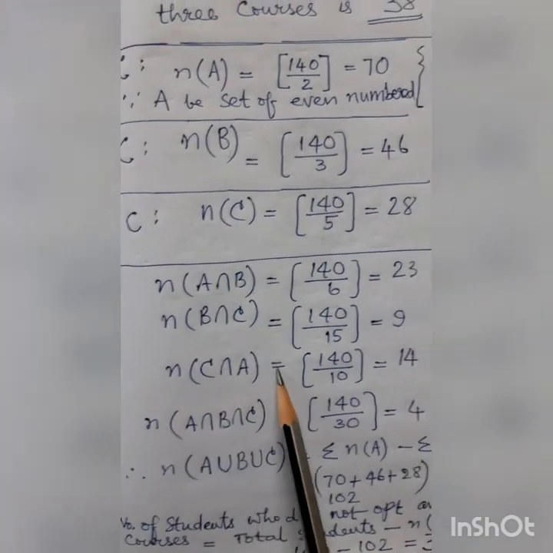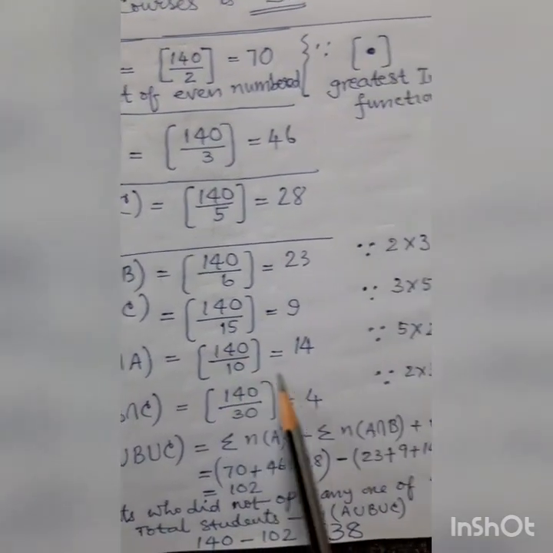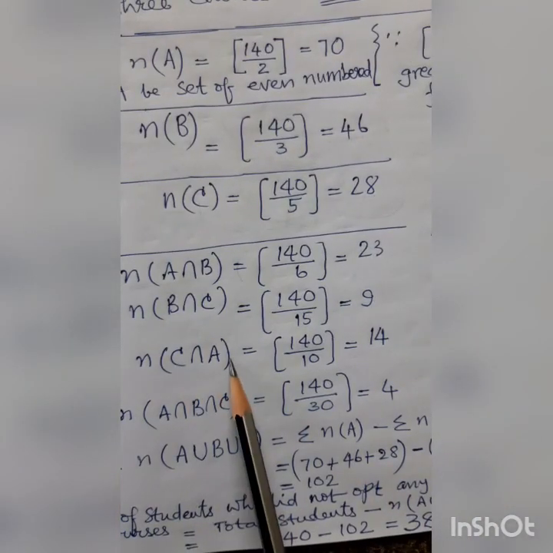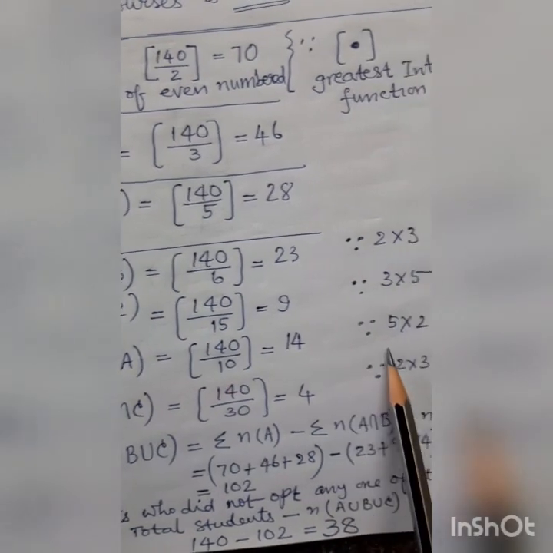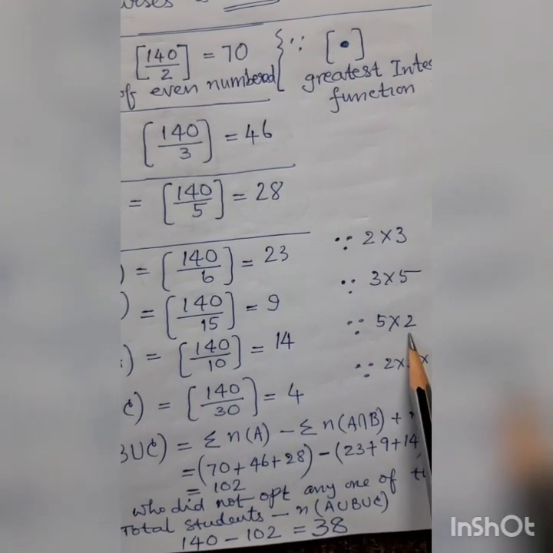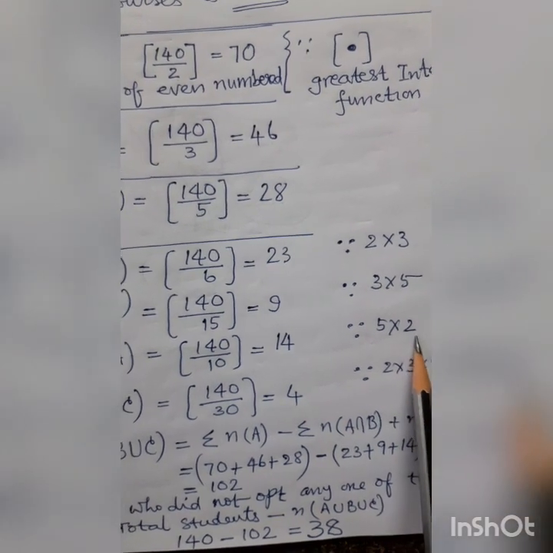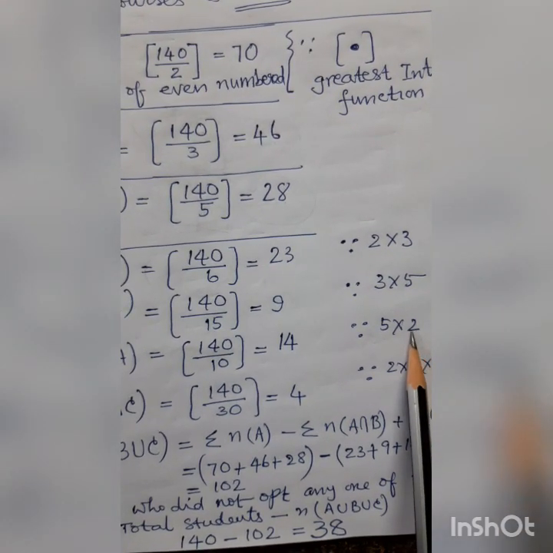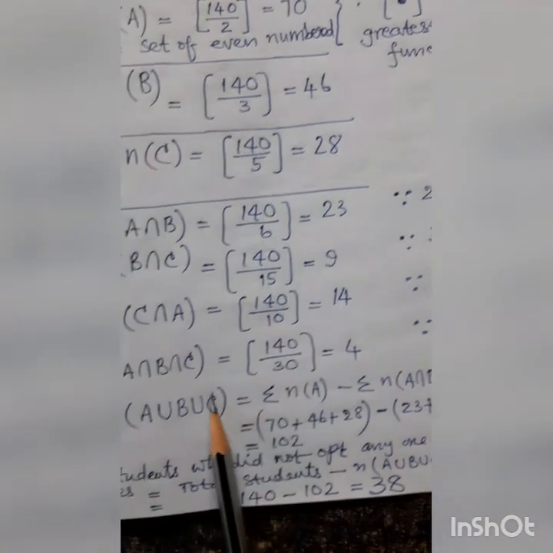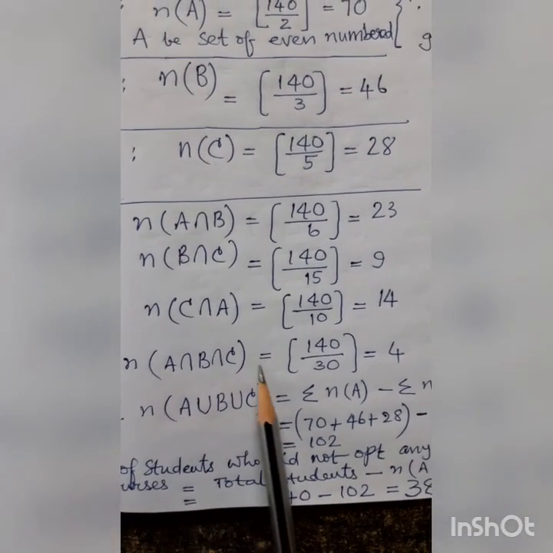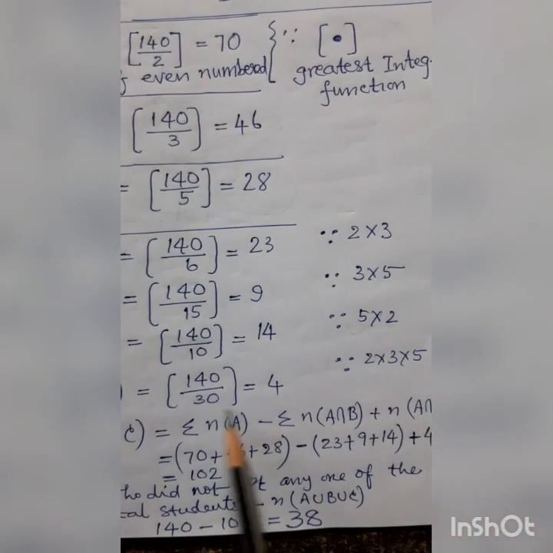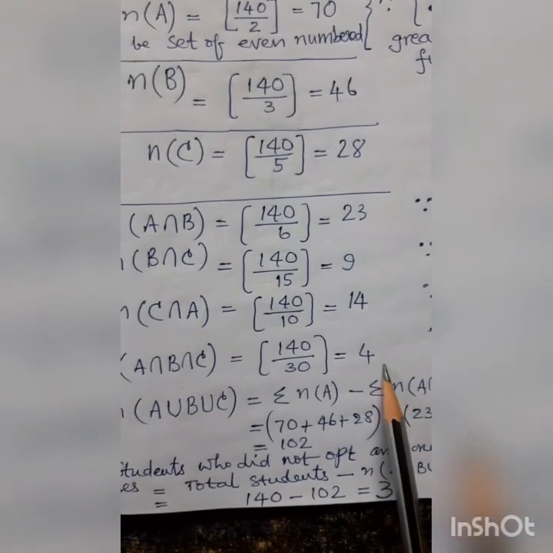N of C intersection A is 140 by 10 because 5 into 2, where C is 5 and A is the even numbers, which he has told in the question, therefore 5 into 2, that is 10. Now N of A intersection B intersection C is 140 by 2 into 3 into 5, that is 4.